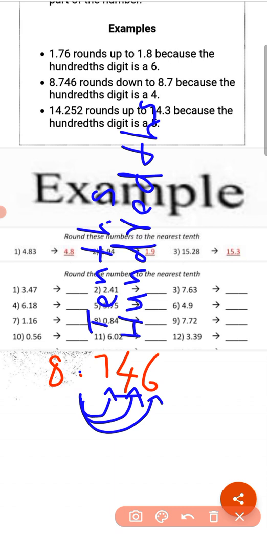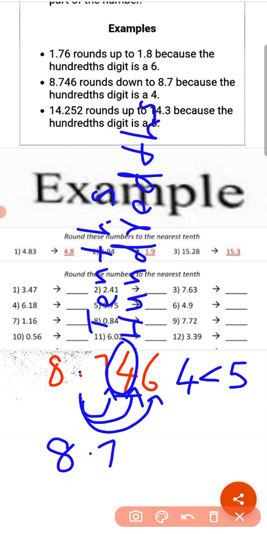Here the digit at the 100th place is 4. 4 is less than 5. So our answer is 8.7. And remove these digits, that is, the 100th place and 1000th place.